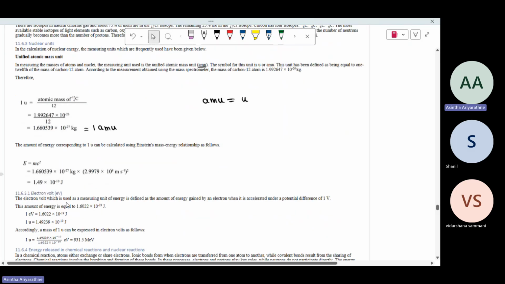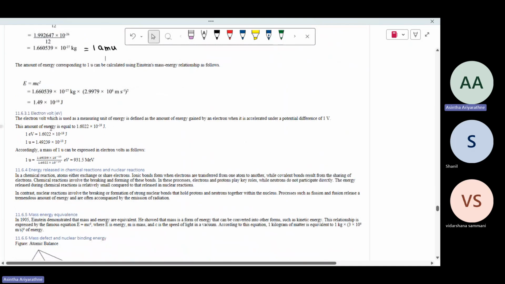Then there is another unit called electron volt, used to address the energy of an atom or small particle. Because here we can see the energy we got for 1 AMU is in the range of 10 to the power minus 10 joules, which is very small.